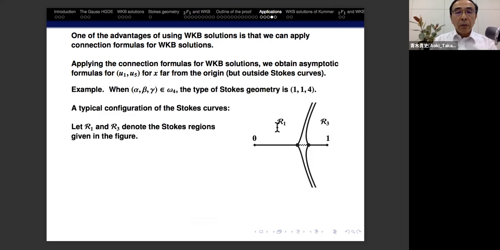This is an example. If the parameter belongs to omega 4, this is a typical Stokes geometry. And we consider this region R3.